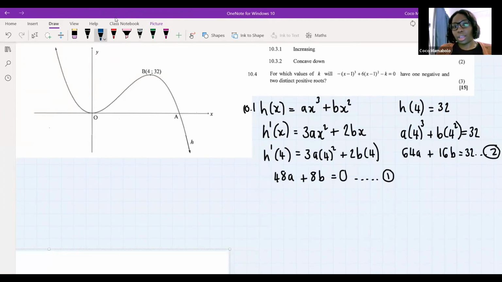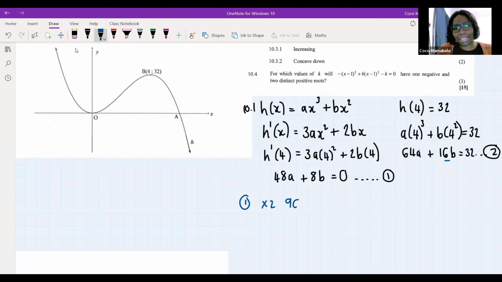So I'm going to take equation 2 and multiply it by 2 so that that's 16b. Oh, no, equation 1. I'm going to take equation 1 and multiply it by 2 so that I can have 16b and 16b, and those 2 will cancel out. So I'm going to take equation 1, multiply it by 2, and that's going to give me 48 times 2 is 96.